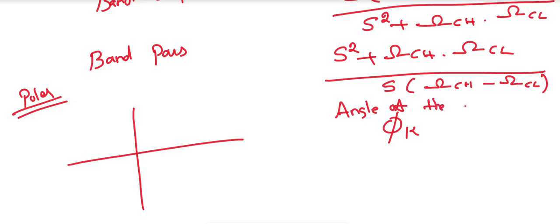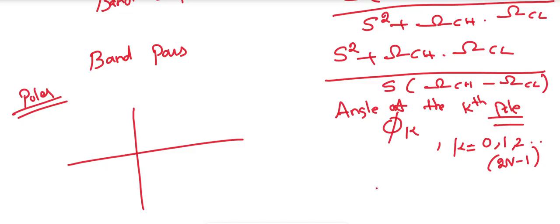The angle of the kth pole is denoted by pi k, where k is equal to 0, 1, 2 up to 2n minus 1, which are all located on the circumference of the unit circle.